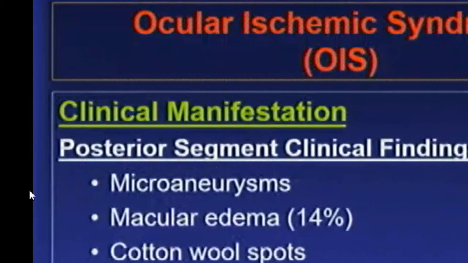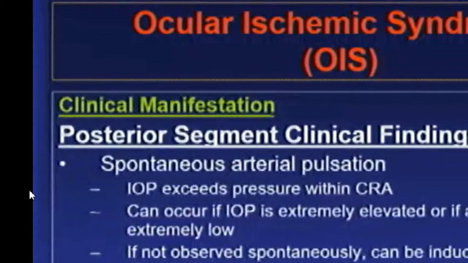Posterior segment findings include microaneurysms, macular edema in 40% of patients, cotton wool spots, and possible cherry red spots due to retinal hypoperfusion. Disc edema is generally not found in these patients.